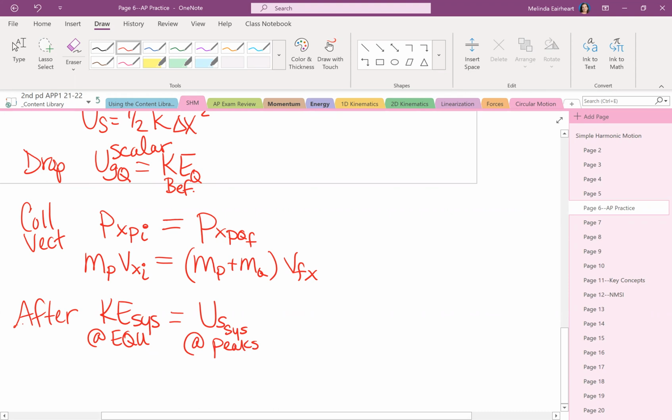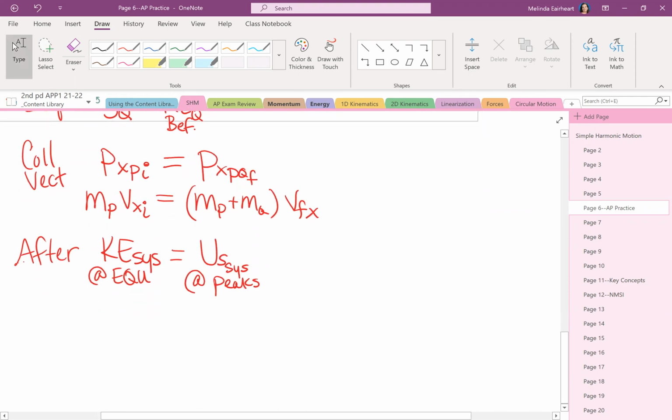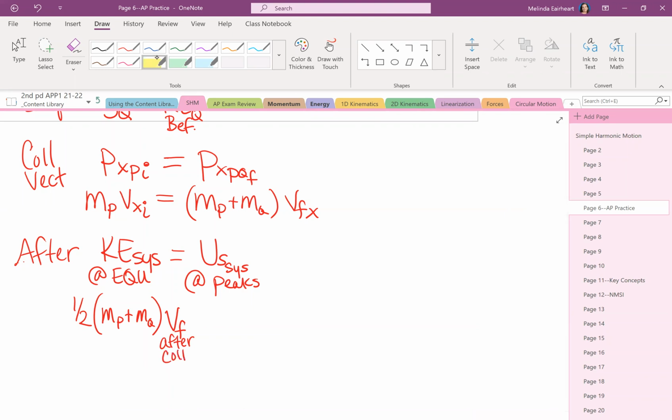What would that statement look like? Well, for the system, it's a collective, right? So this is 1/2 MP plus MQ. And the final velocity after the collision. I'm going to highlight to connect it. Those two are the same, right? Okay.